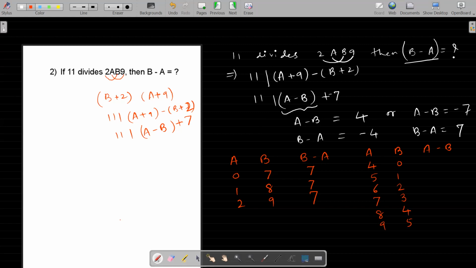Yeah, so you can check any of these. So for example, 2409 divided by 11. 11 2s are 22. 11 1s are 11. 11 9s are 99. So that's a complete division, right?